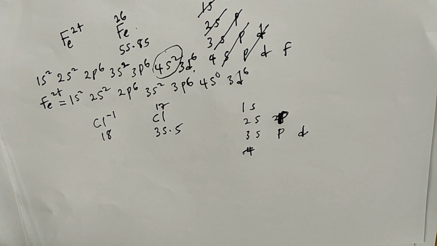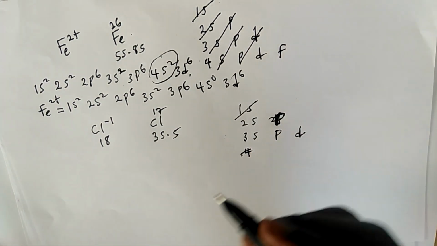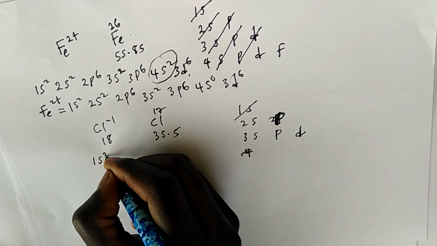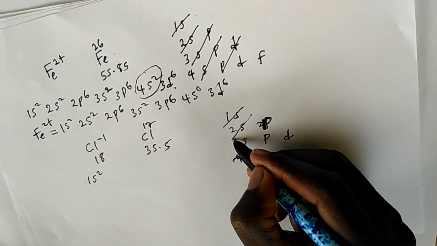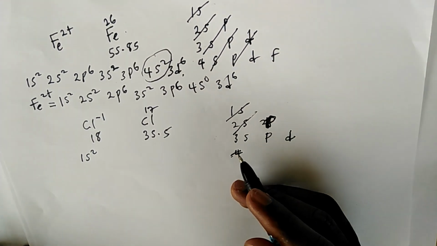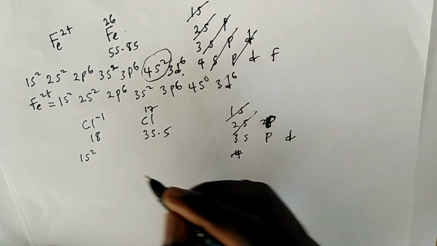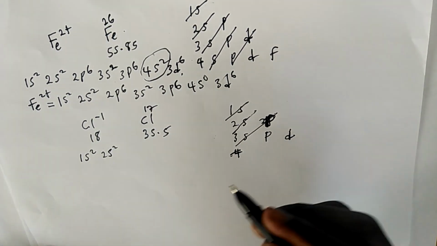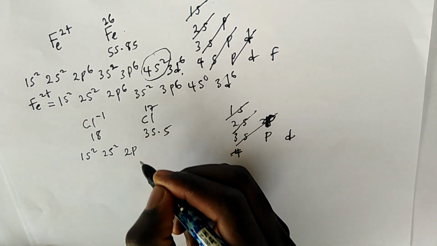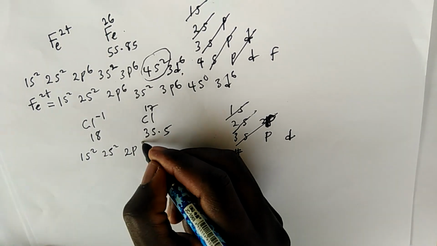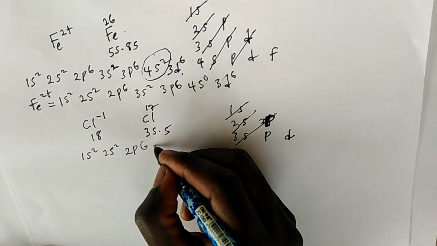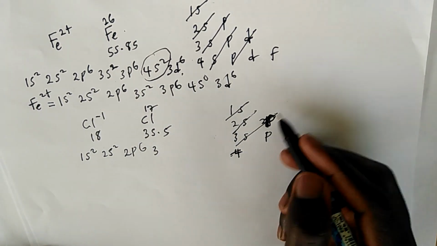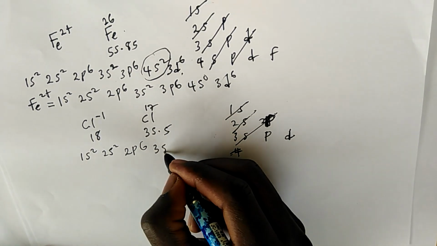Now to write down the electronic configuration, we have 1s2, we have 2s2, we have 2p6, we have 3s2.